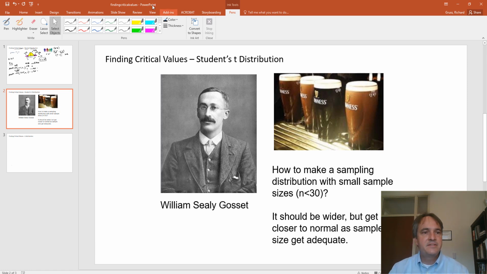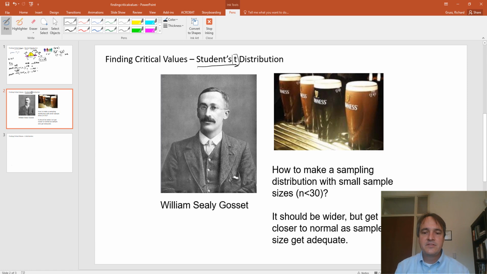Incidentally, the reason it's called student's t is that t was the name of the actual statistic, and student was the secret name he used because he wasn't supposed to be publishing as an employee of Guinness. They didn't want their competitors knowing that he had these secret weapons, so he just used the pseudonym student. So it's the t distribution, and student is just retained as an interesting historical fact.